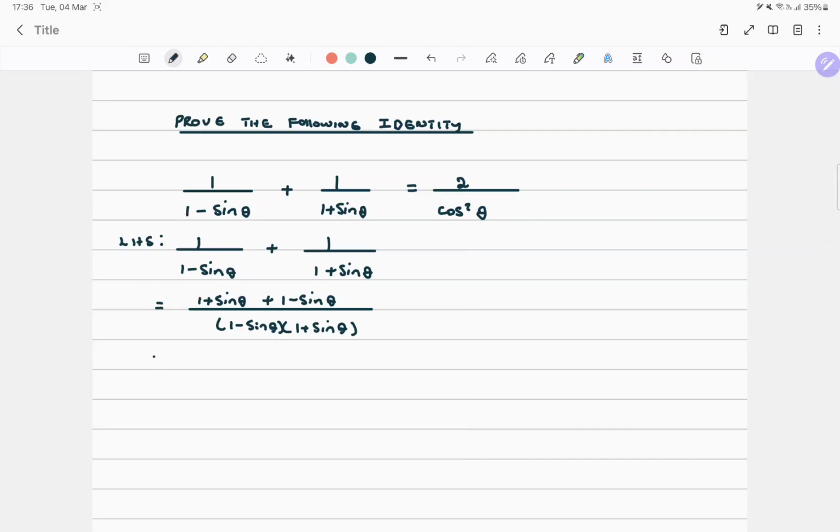All right, so now we handle like terms. We will see that sine theta will take sine theta, essentially they cancel. So 1 plus 1 is 2 divided by, now we see that this is a difference of 2 squares expanded.